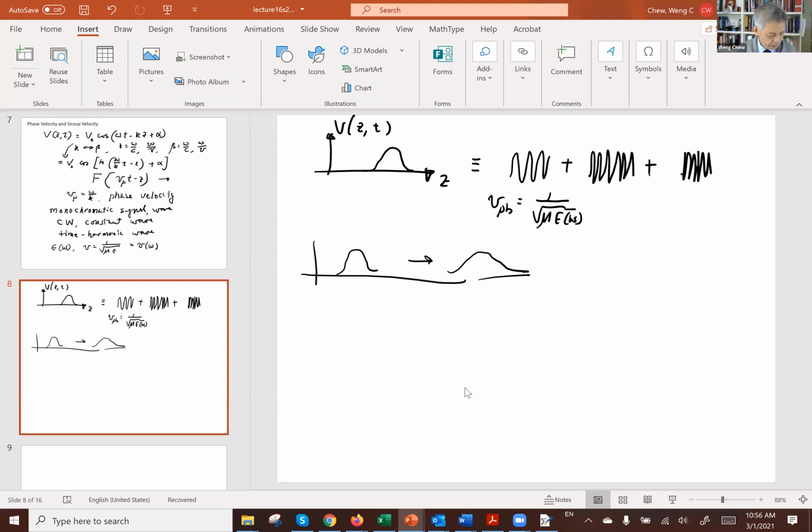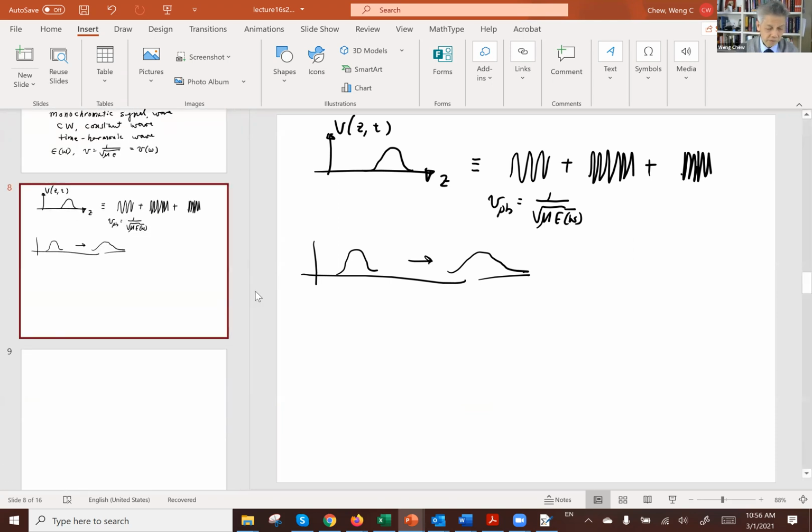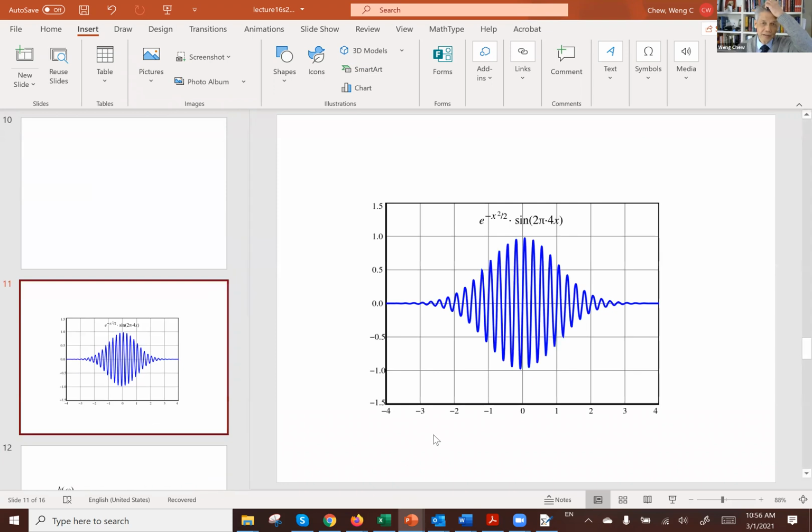So in order to define a group velocity, we have to use a different concept. Let's look at a pulse that looks something like this. It cannot be monochromatic. It actually is a Gaussian pulse.